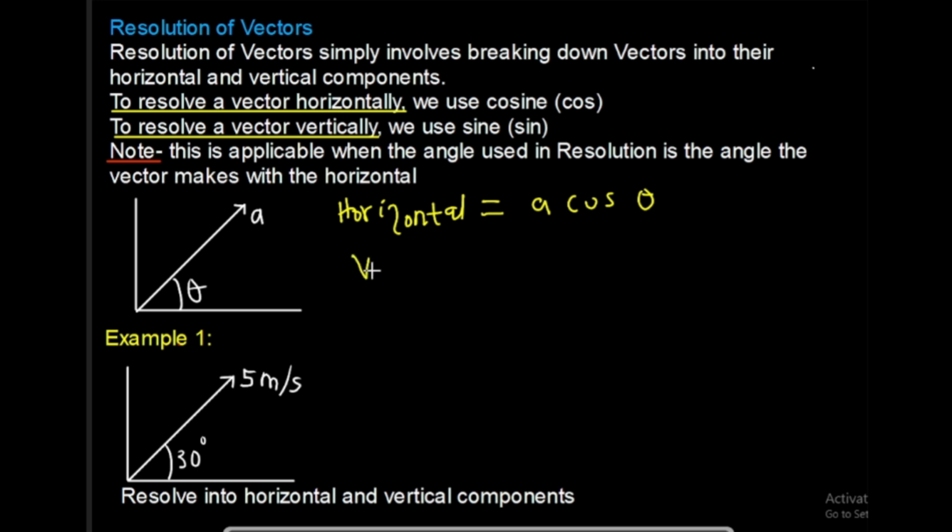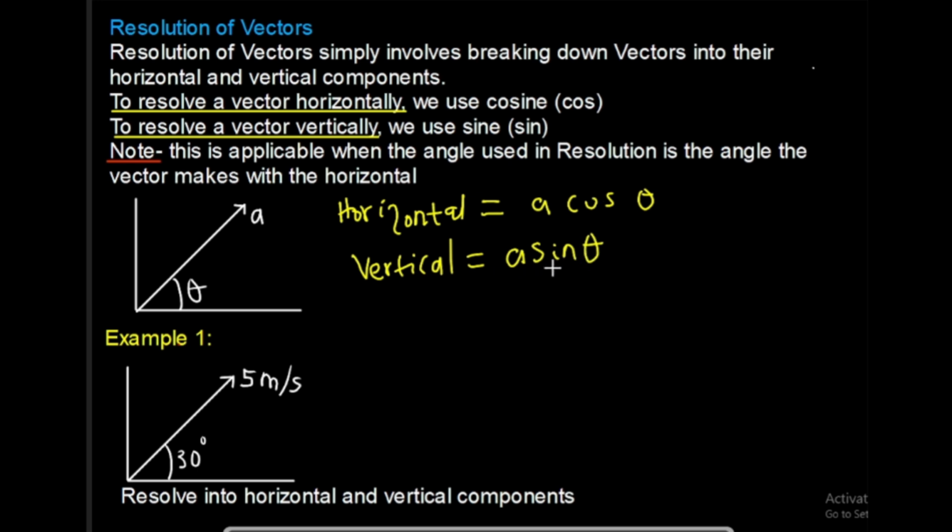Now for vertical, to resolve a vector vertically, you say A, being the vector, sine theta. So it's just the magnitude of the vector times sine of the angle it makes with the horizontal. For both cases, we use the angle with the horizontal.